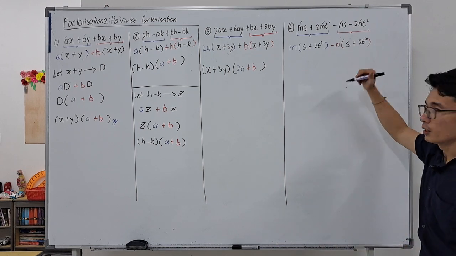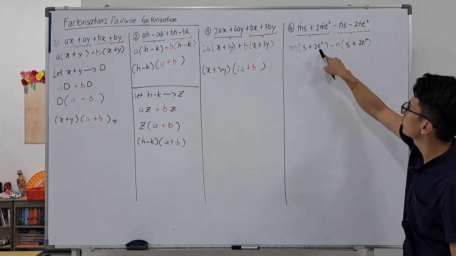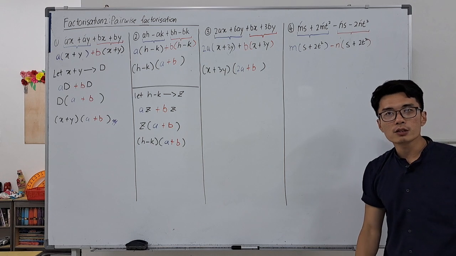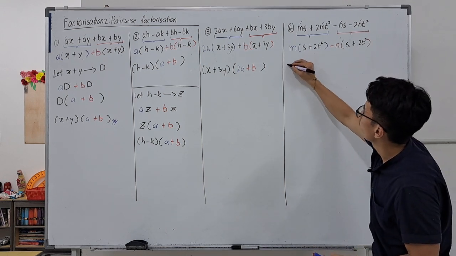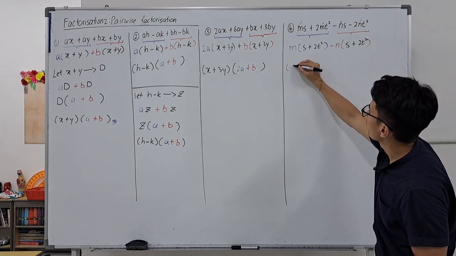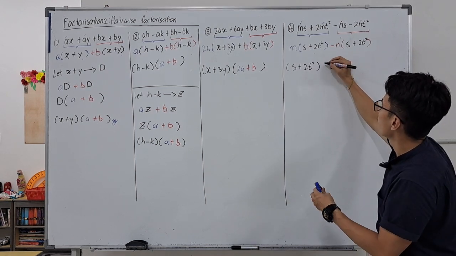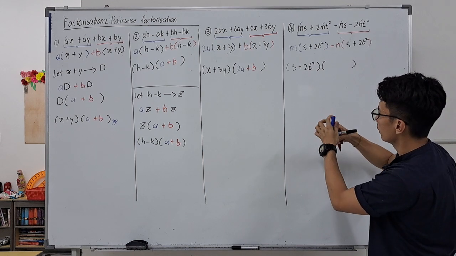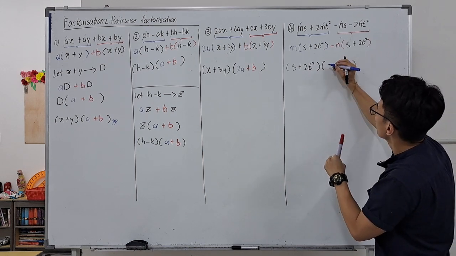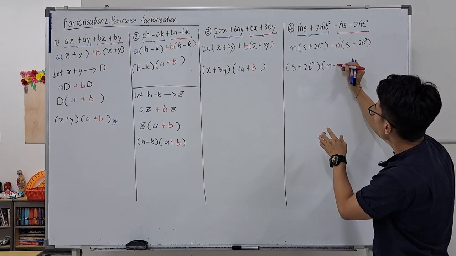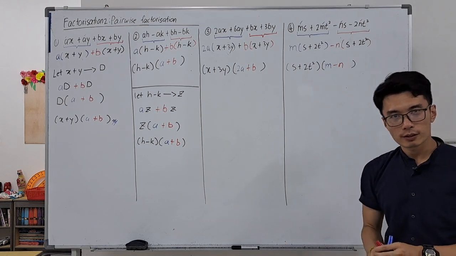So this is correct, and we notice there are common terms over here, which means that we can factorize that out. So I will get s plus 2t squared, and what I'm left with in my bracket is m minus n.